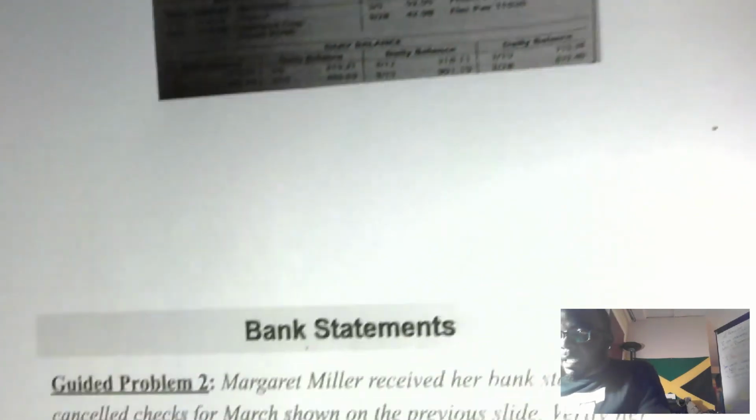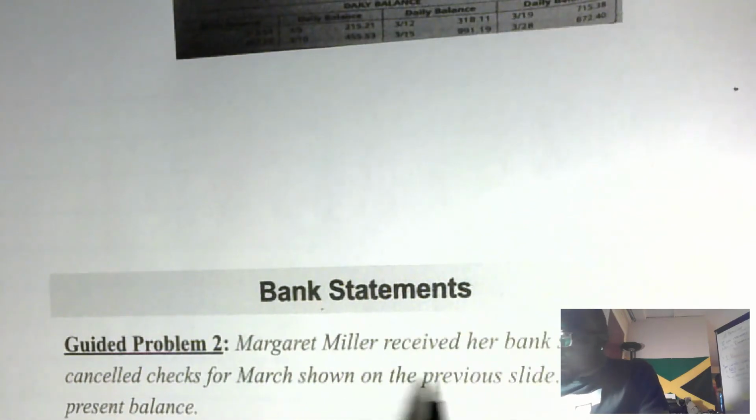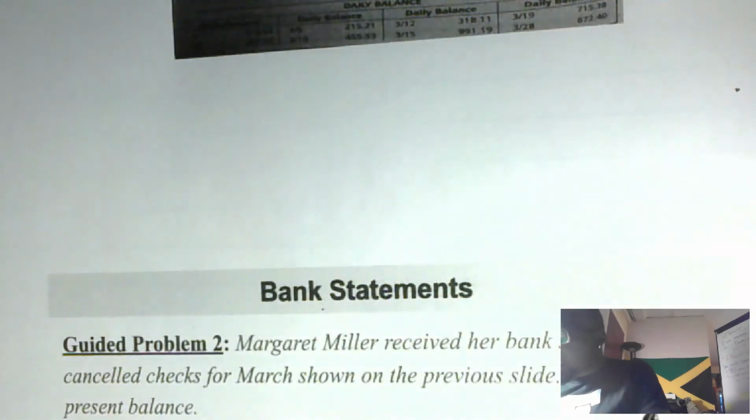For guided problem 2, it says that Margaret received her bank statement and canceled checks for March, shown in the previous slide. She needs to verify her present balance.